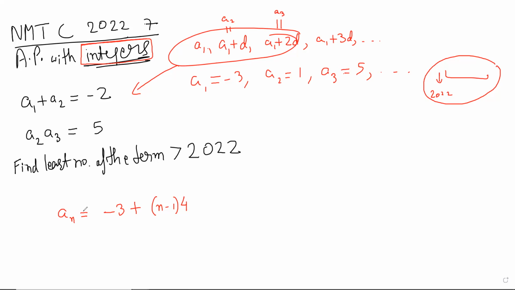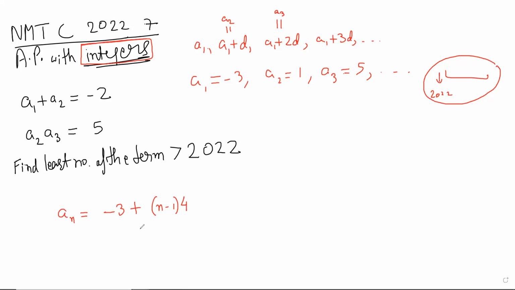So you see the first term is -3, the second term is A1 plus D, the third term is A1 plus 2D. Rigorously speaking, you are one step behind always, and the common difference is added from the second term. But now you know the nth term looks like this.